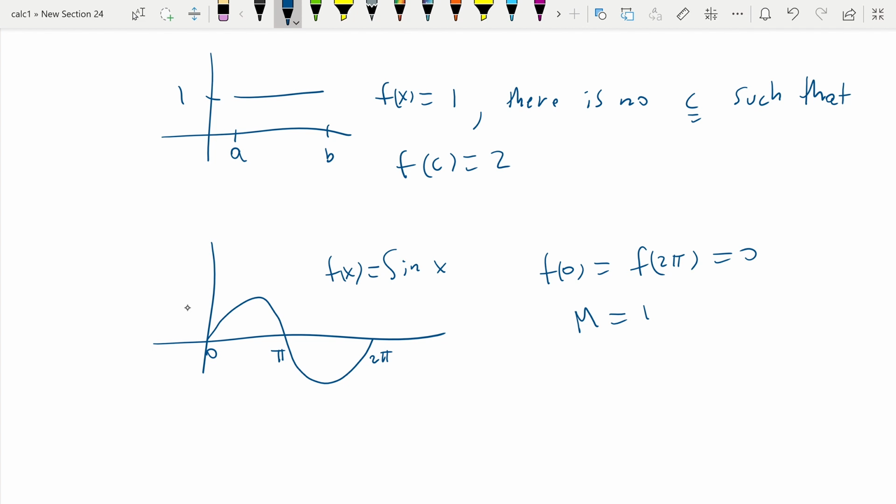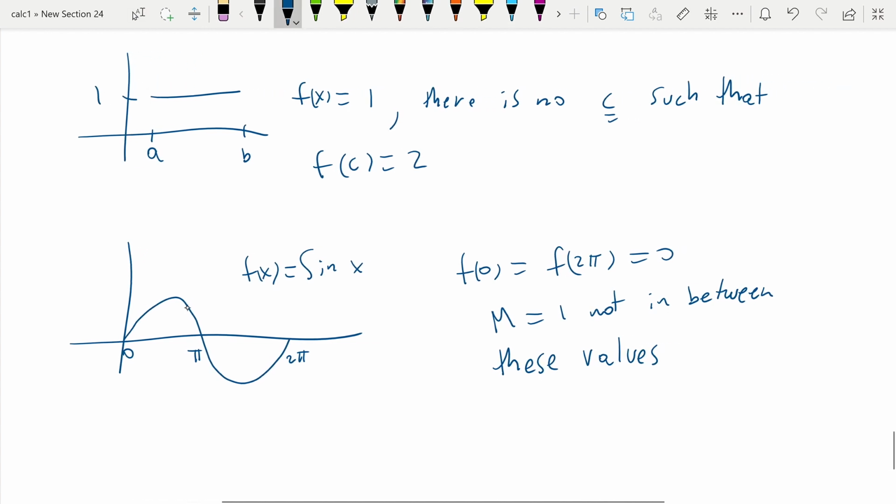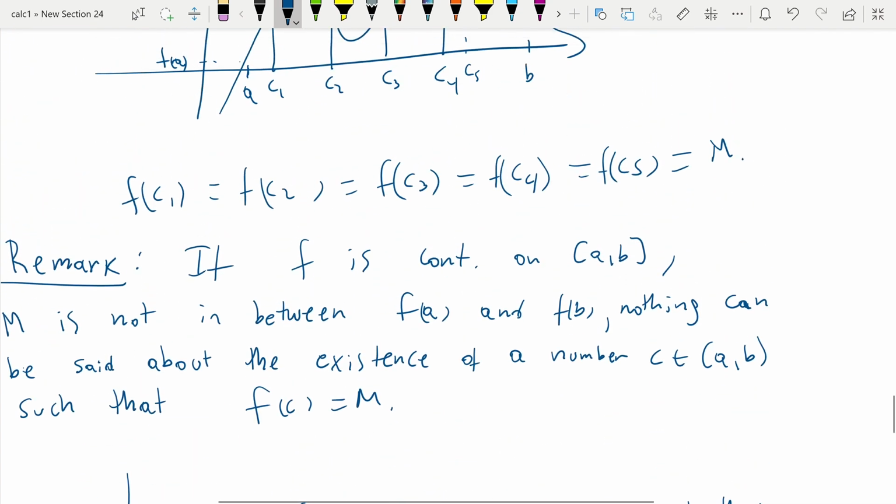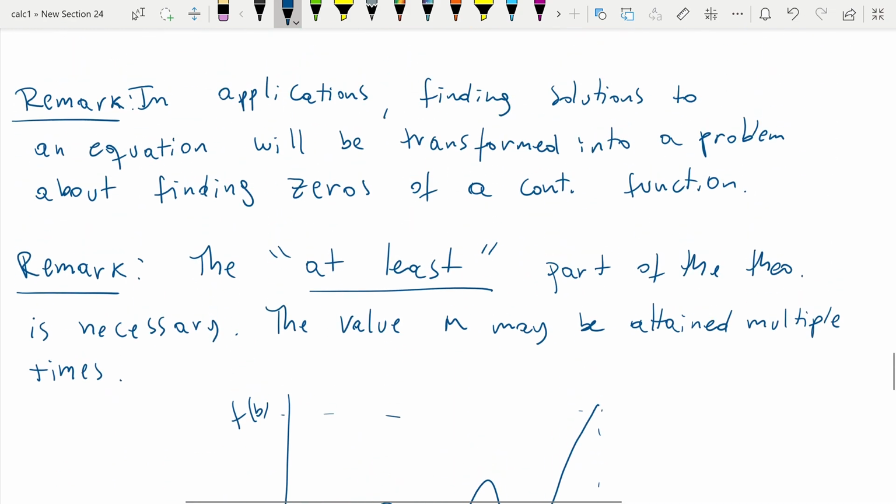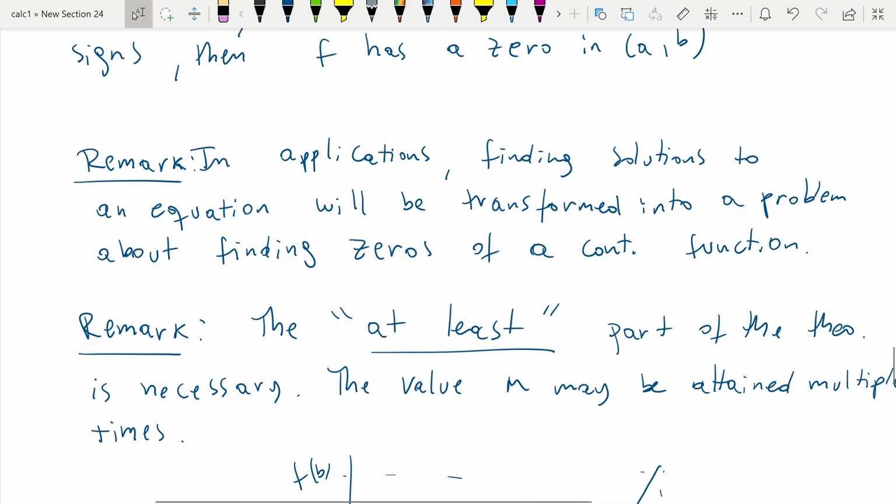It's certainly not in between these values. However, f of pi over 2 is equal to 1, for example. So nothing can be said about that. So these are the three very important remarks, very important things to keep in mind.